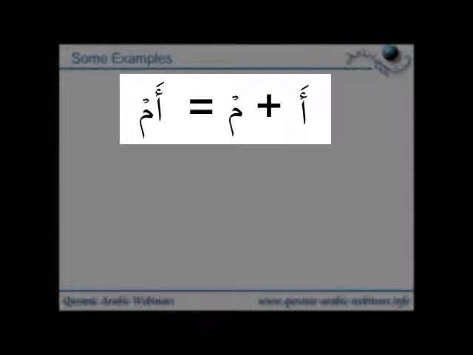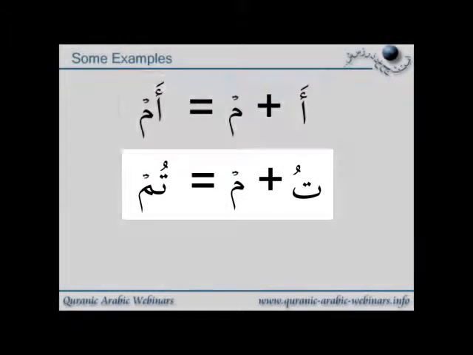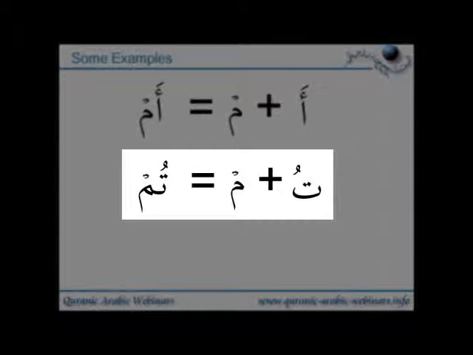Some examples. Here we have the hamza on the alif with fatha giving the sound of a, with the meem again with Sukoon giving the sound of am. Here we have ta with the dhamma giving the sound tu, with a meem with Sukoon giving the sound of tum.